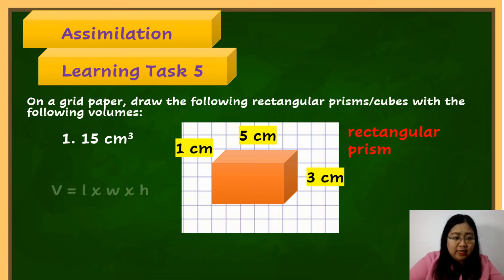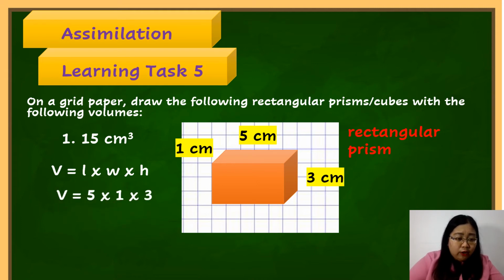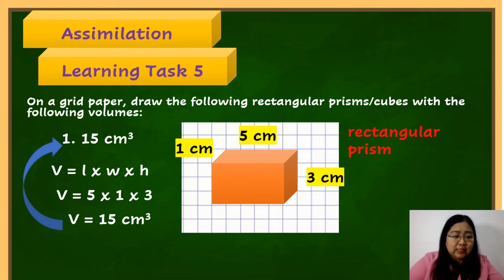So the formula is volume is equals to length times width times height. Again, volume is equals to 5 times 1 times 3 is equals to 15 cubic centimeter. So the volume of the rectangular prism is 15 cubic centimeter as stated in number 1.